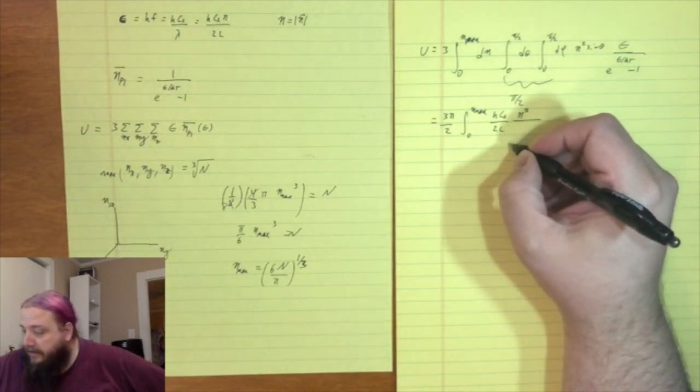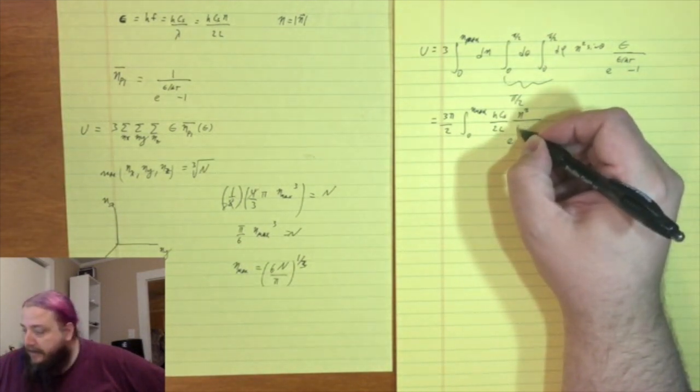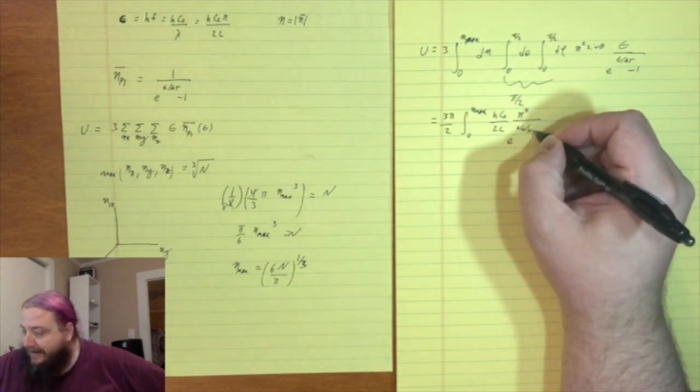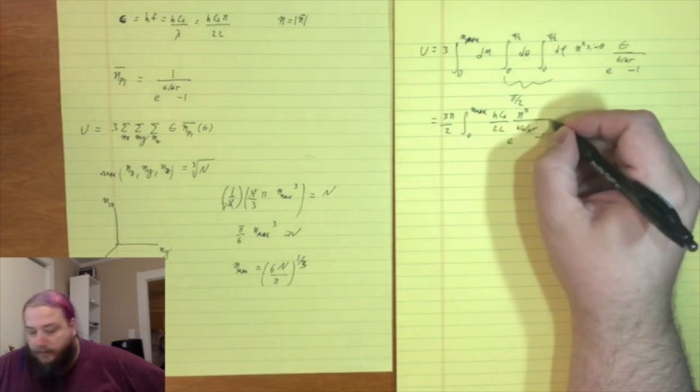Again, over e to the h times the sound speed times n over 2L kT, minus 1.